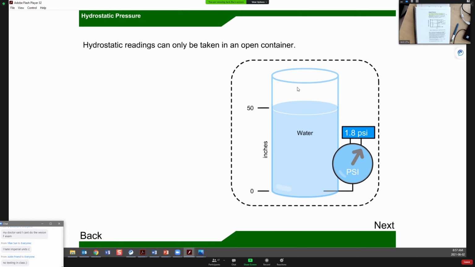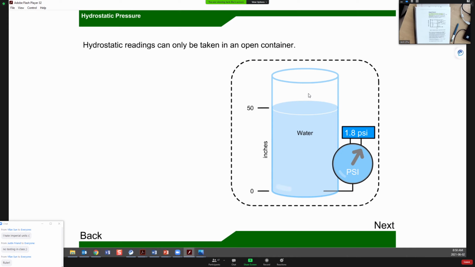But the gas, usually the air, you can compress. When you compress the air, it changes the pressure on top. You're not going to have atmospheric pressure as your gauge pressure reference point anymore. So that's why they said for this reading, it should be taking an open container.